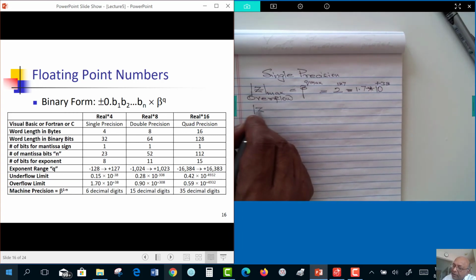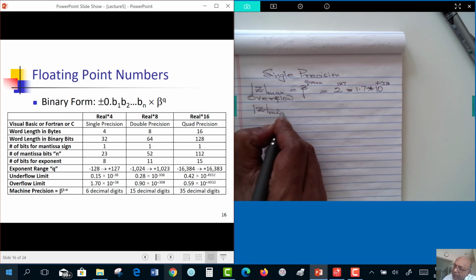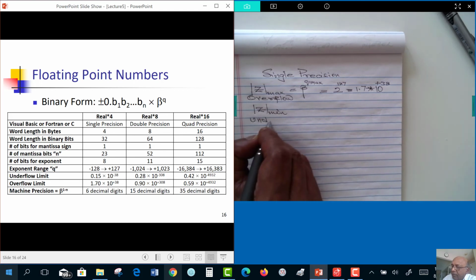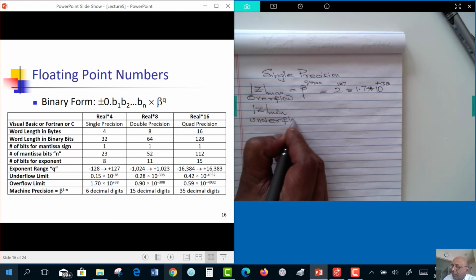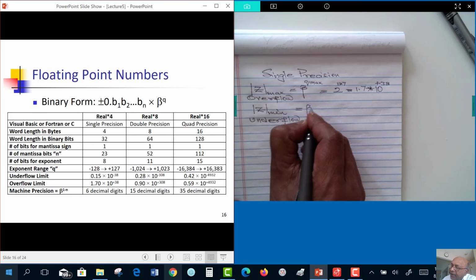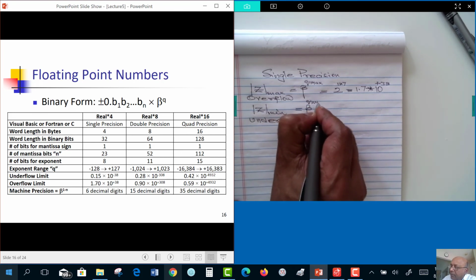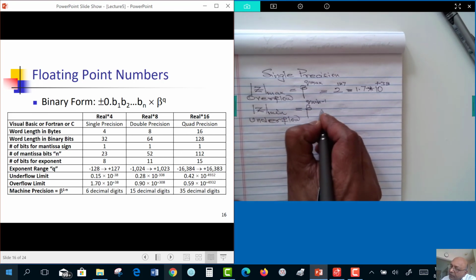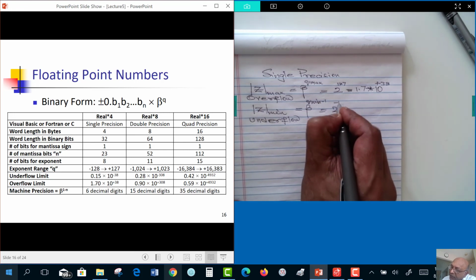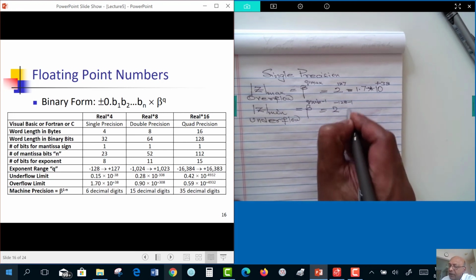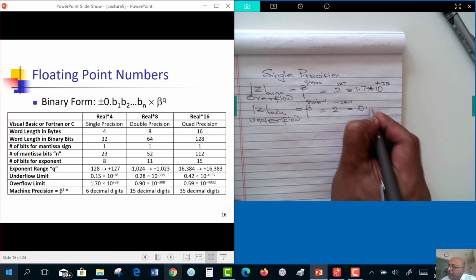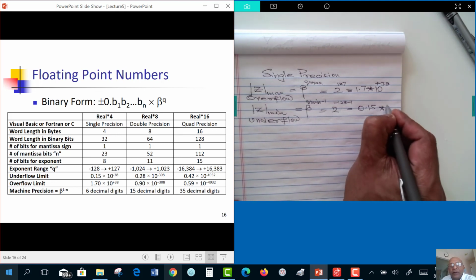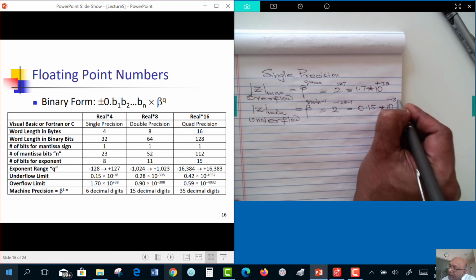Let's look at underflow, which is beta to the Q min minus 1. So we'll have 2 to the minus 128 minus 1. This comes out to roughly 0.15 times 10 to the minus 38.